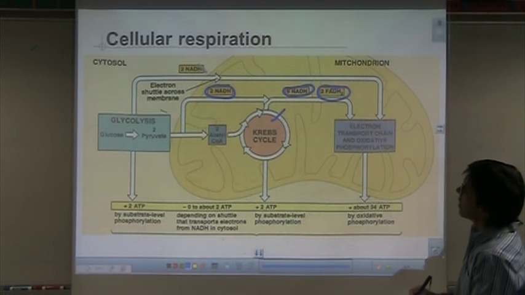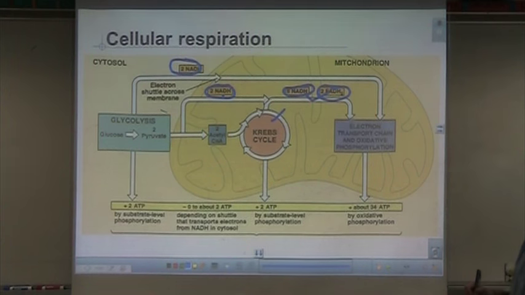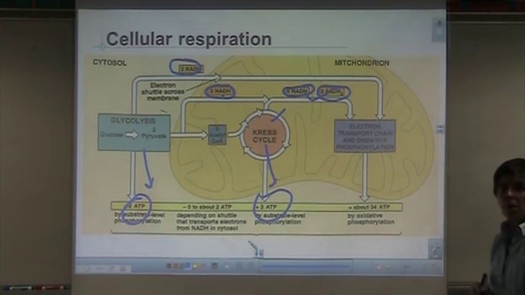Notice that all these electron carriers from glycolysis, from the breakdown of pyruvate, and from the Krebs cycle are taken to the electron transport chain. Now, glycolysis, as you recall, produces 2 ATPs. The Krebs cycle produces 2 ATPs, all by substrate level phosphorylation.